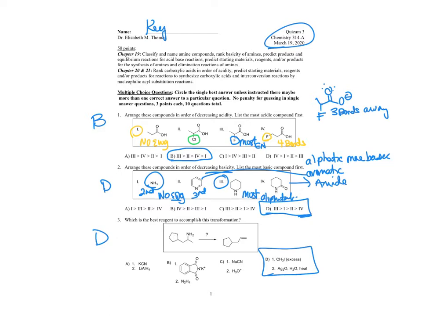So for 3, you're going from a primary amine to an alkene. This would be exhaustive alkylation followed by elimination. This is called the Hofmann elimination.